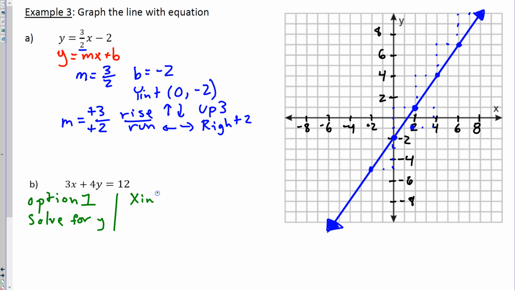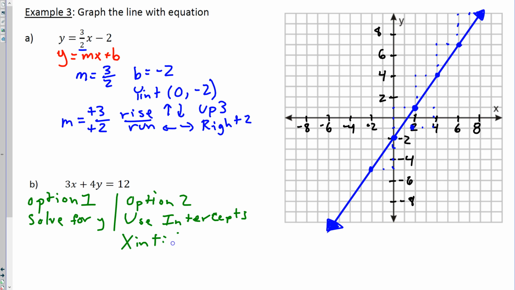So if I didn't want to change it into that slope-intercept form, then we can use the intercepts. So that would be what we call option 2. Option 2 is to use the intercepts. So if I'm going to use my intercepts, we need to go ahead and calculate those values.